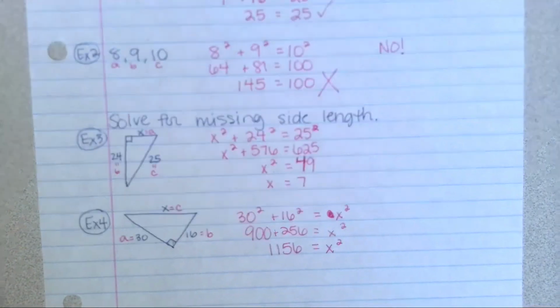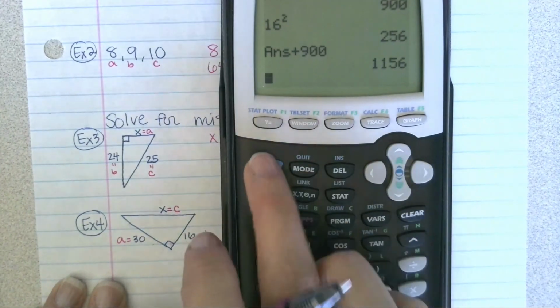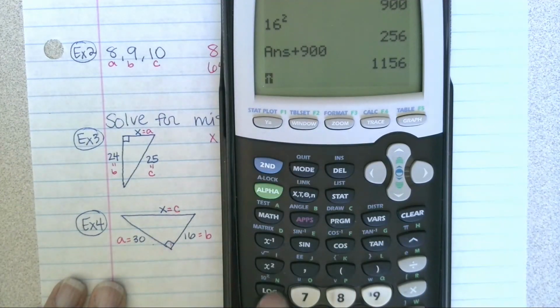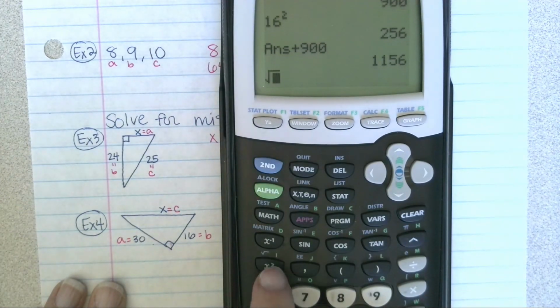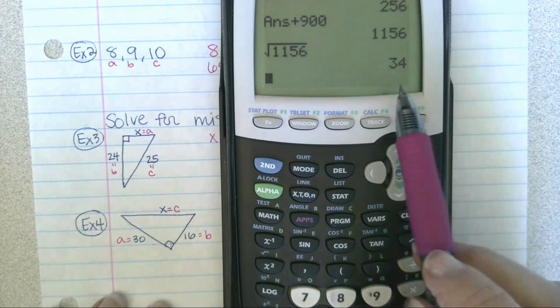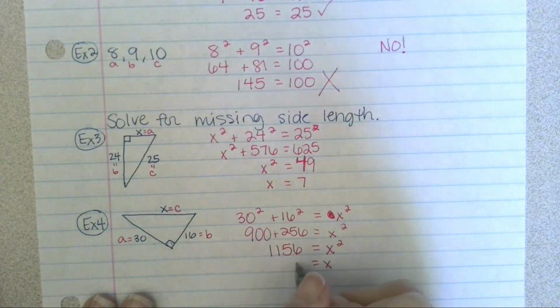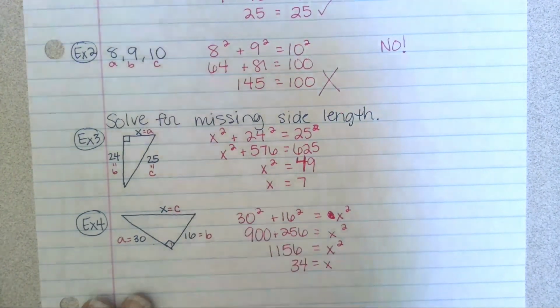Now, as I had just shown you, I'm going to take my calculator, I'm going to hit the second button, then I'm going to hit the x squared key to get my square root symbol, then I'm going to put 1156 inside of that, hit enter, and the answer is 34. So x is 34, meaning that my hypotenuse is 34.